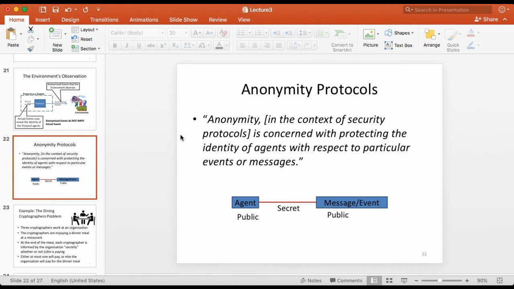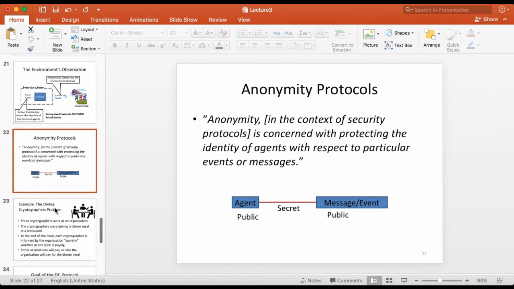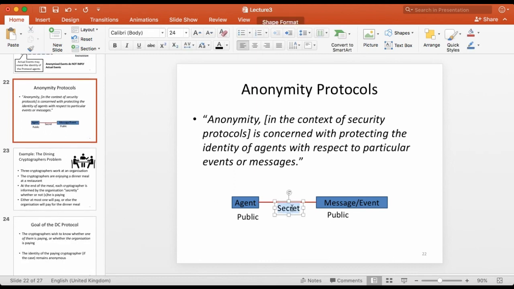As I said, anonymity is about breaking the link between the agent and the event or the message, or indeed that link must remain secret. It must not be known that this agent performed a certain event, for example, sending or receiving of a message, or that a message is coming from a certain agent. So that relationship needs to always remain secret.